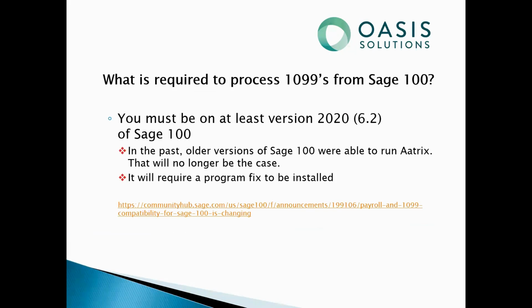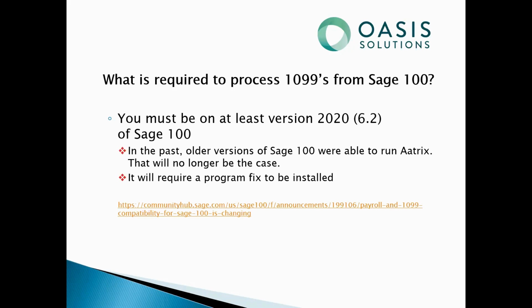You must be on at least version 2020, which is also known as 6.2 of your Sage 100. In the past, older versions of Sage 100 that weren't supported could still run Atrix, and that will no longer be the case. But if you are on version 2020, there is a program fix that's required.